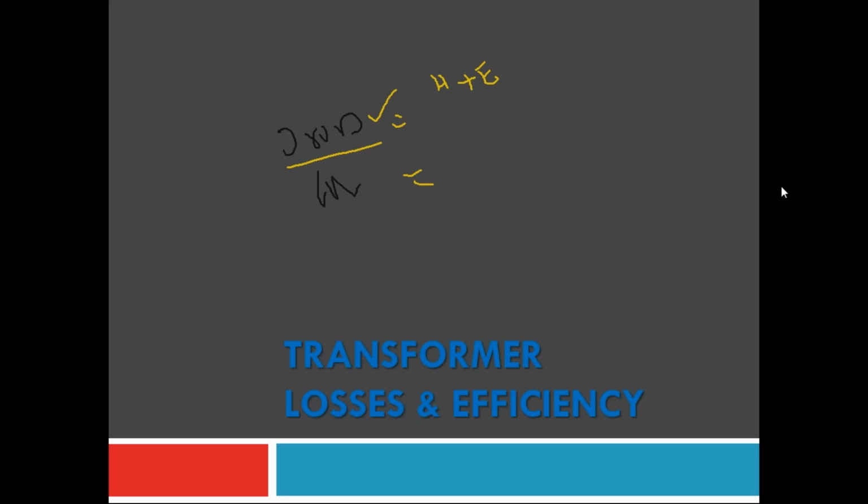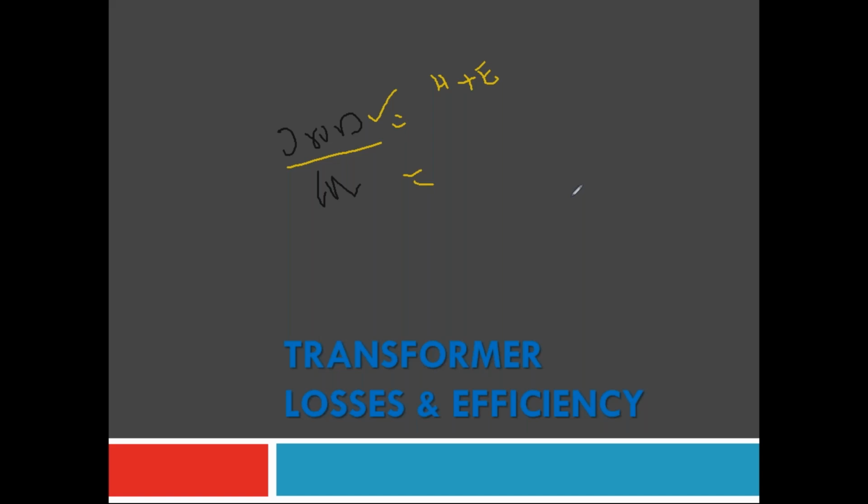The iron loss is independent of the load. Whether the device is connected to the load or not, it won't matter. The iron loss is completely independent of the load. That's why we call iron loss a constant loss.